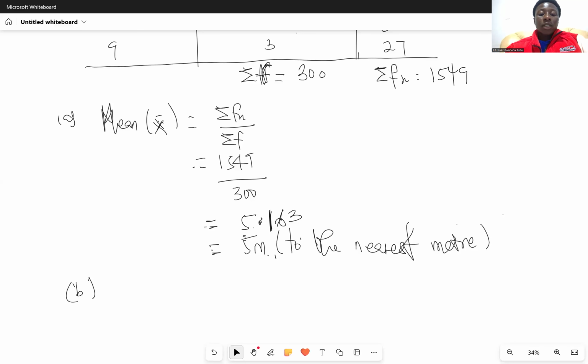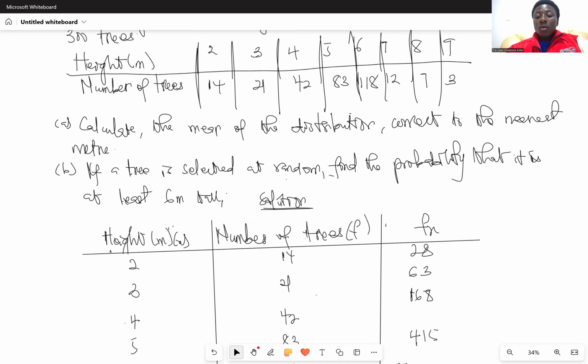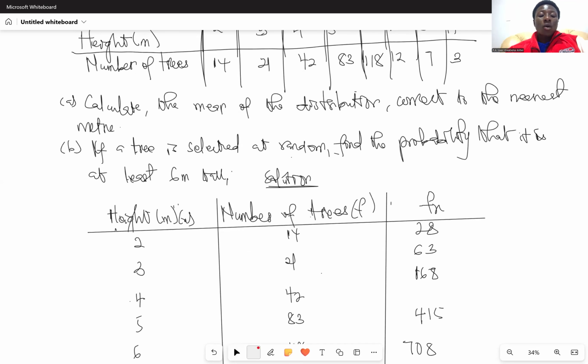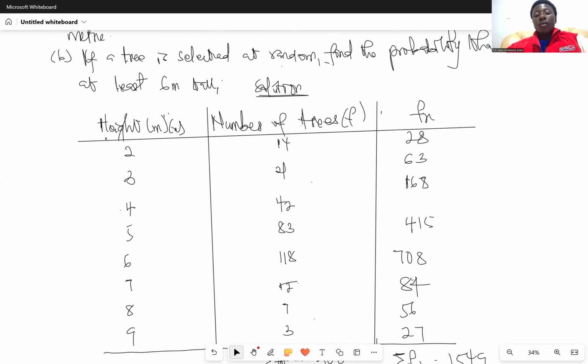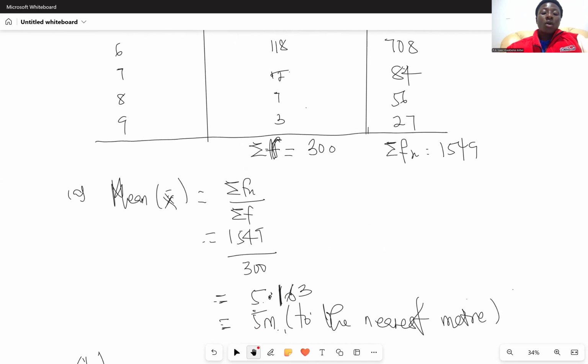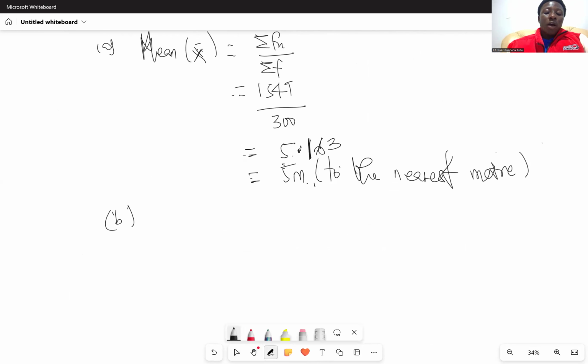So the next question was saying, if a tree is selected at random, find the probability that it is at least 6 meters tall, at least. You guys can do that. First of all, we have to code a formula.